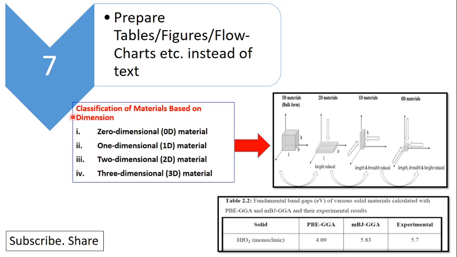Instead of presenting the text, one can make a figure with a caption. It will cover not only a large part of the page, but also it won't have the similarity. Similarly, one can prepare tables instead of giving the data in terms of text.